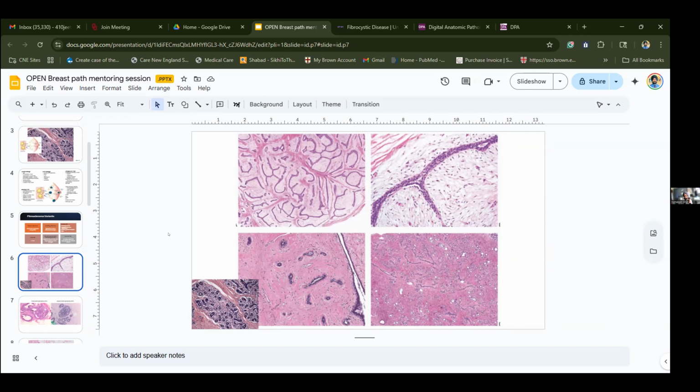At the same time, I would ask you to think about etiopathogenesis of each and every lesion. Keep in mind you have to record what you're looking at, but at the same time, this entire lesion, fibroadenoma, is derived from this TDLU.